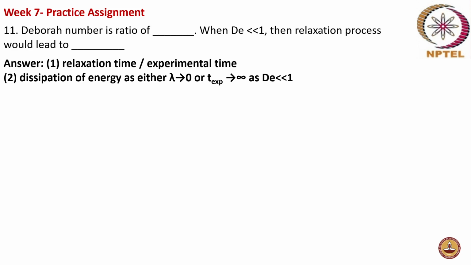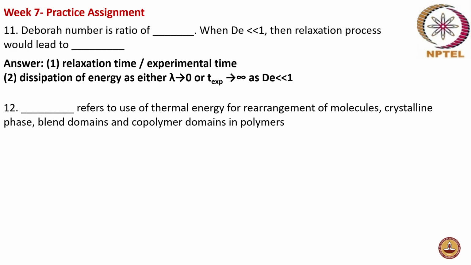Okay. Now let's proceed to the next question. Dash refers to use of thermal energy for rearrangement of molecules, or crystalline phase or blend domains and copolymer domains in polymers.